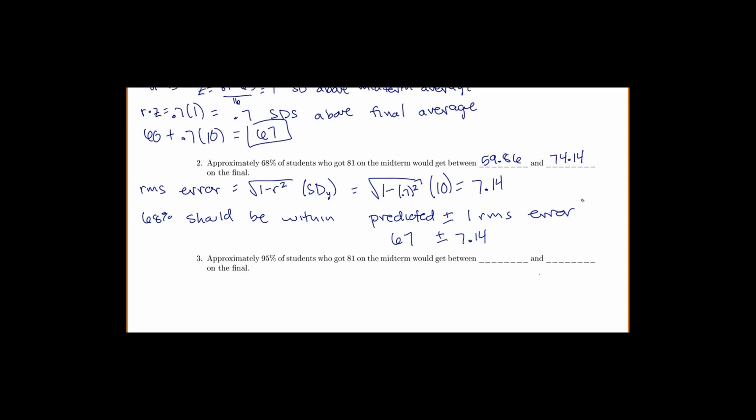Number 3 says approximately 95% of students who got an 81 on the midterm would get between what and what on the final. So we're going to do a similar thing, but 95% should be within the predicted value plus or minus 2 RMS errors.